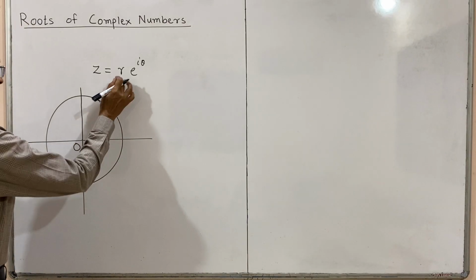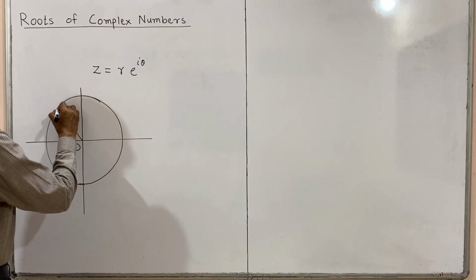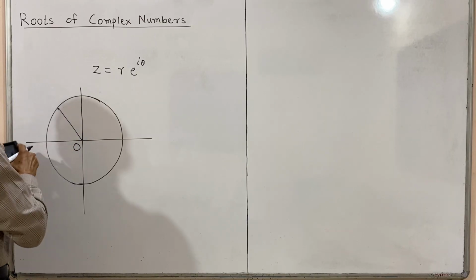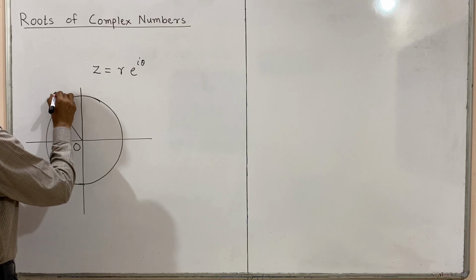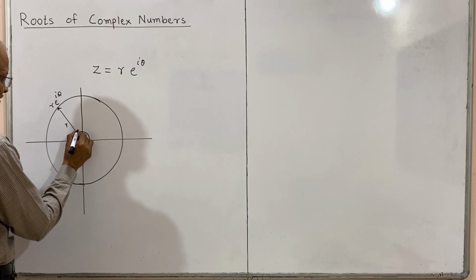This r into e power i theta is the number expressed as z. This vector is r and this angle is theta.